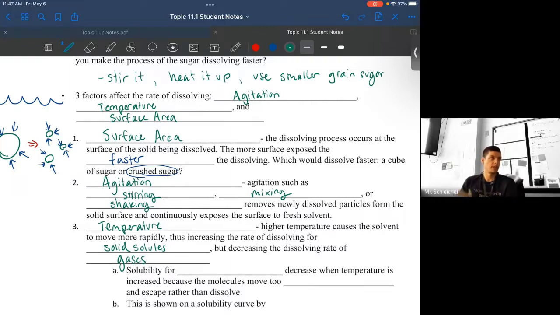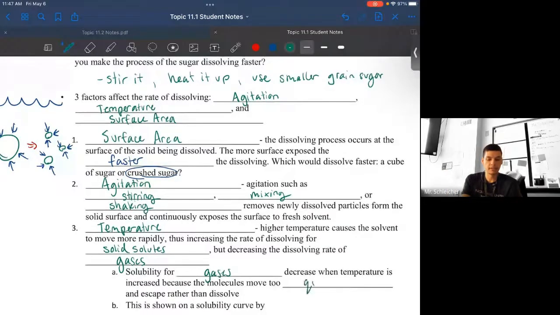Okay, so higher temperatures will actually decrease the solubility for gases because the molecules move too quickly. And they're going to start to escape your water instead of dissolving in the water or whatever solvent you have. Whenever a gas moves too quickly and reaches the surface of the water, it's not going to stay in the water. It's just going to go off into the air. It's a gas.